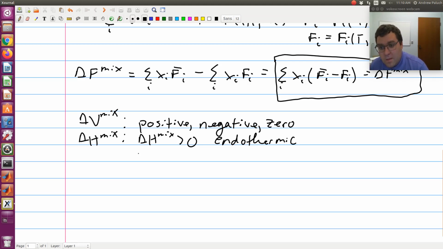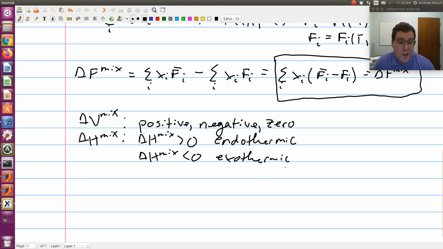All right, next is delta H of mixing less than 0. If delta H of mixing is less than 0, we call this exothermic. So what does this mean? It means that, on average, the effective enthalpy of each component in my mixture is less than its pure molar enthalpy. So on average, the interactions in solution are more favorable relative to the interactions in the pure systems.